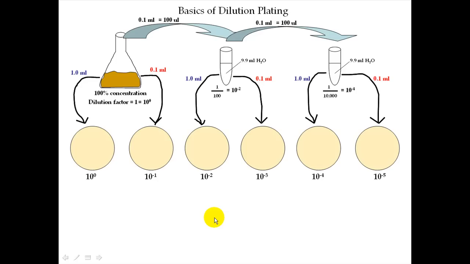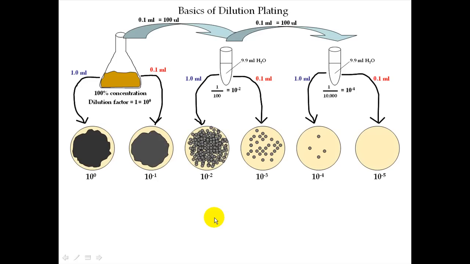So if you incubate the plates and you see something like this form on the plates, you would quickly eyeball the one that gives you between 30 and 300 colonies, and that's the one that you end up counting.